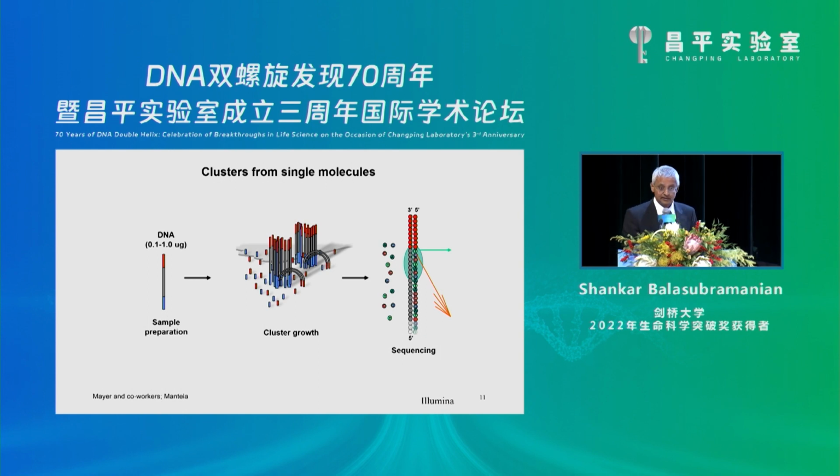Now, again, there are a number of methods for amplifying DNA that can be used. We adopted a method that was created by Pascal Mayer and his colleagues in a company he founded called Manteia Predictive Medicine.